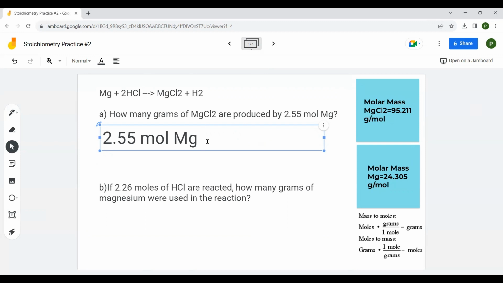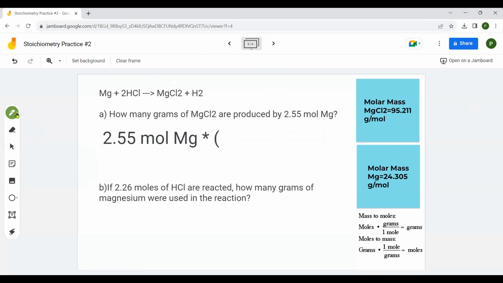First, though, we have to do the ratio in moles because the ratio in the formula is in moles. So we have to do that before we can go ahead and convert it. If I look at my chemical equation up here, I can see that the ratio between magnesium and magnesium chloride is 1 to 1.